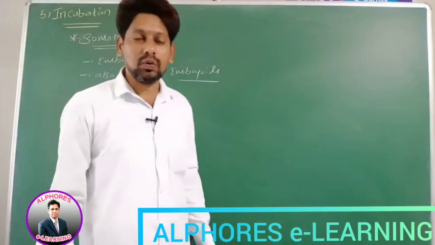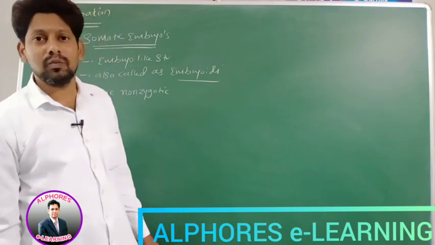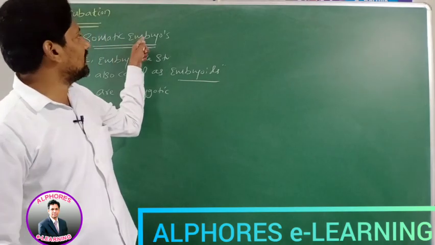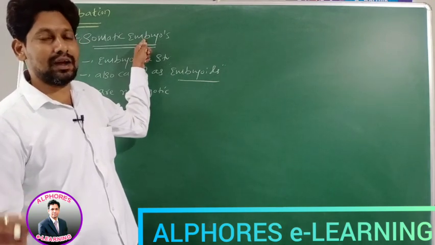Producing root is rhizogenesis. Producing more amount of shoot is coalogenesis. Producing somatic embryos is called somatic embryogenesis.